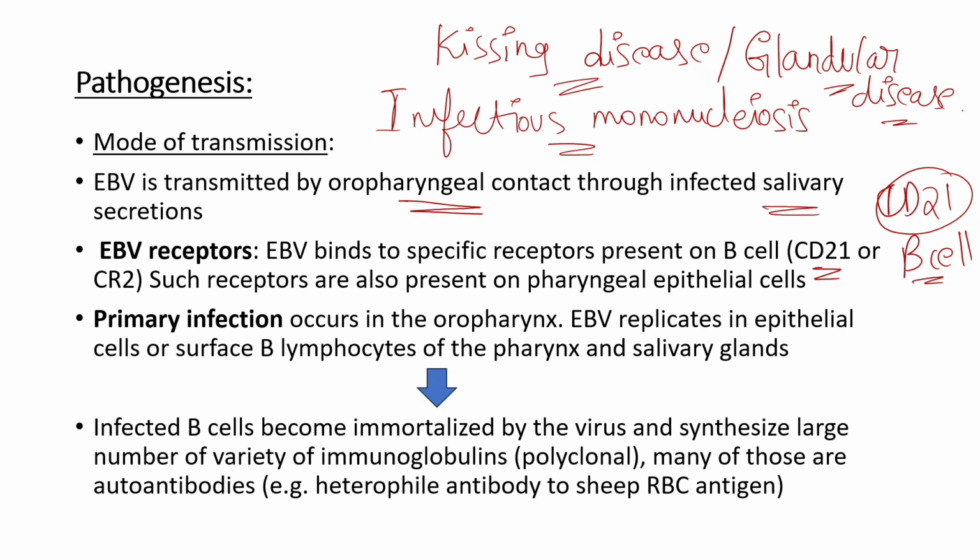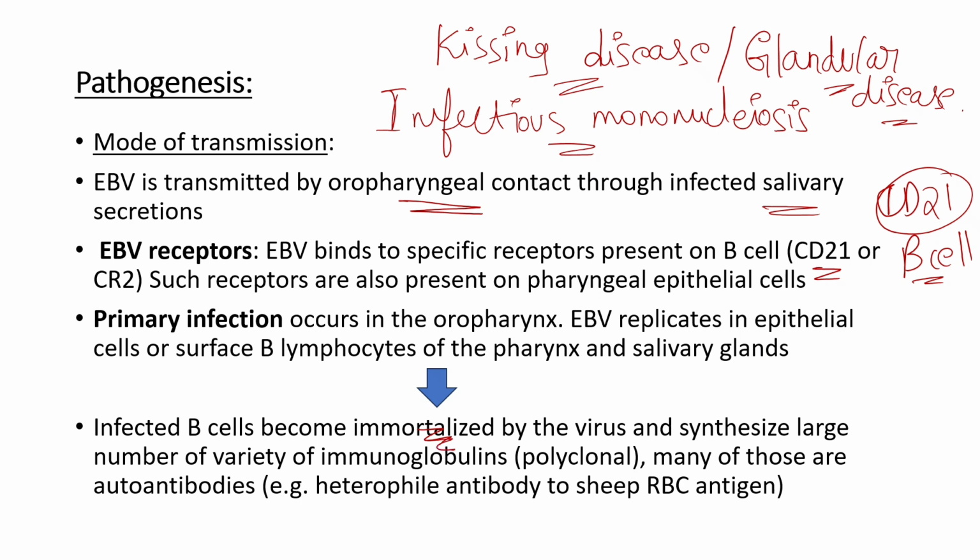So continuous multiplication of the virus is going to take place. After that, the B cells become infected. Instead of destruction of the B cell, this virus makes these B cells immortalized, which means this infected B cell is continuously going to divide.